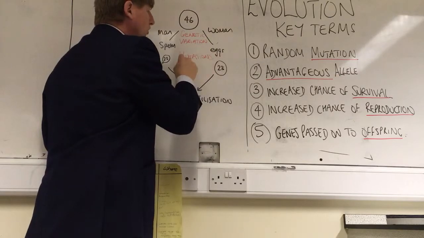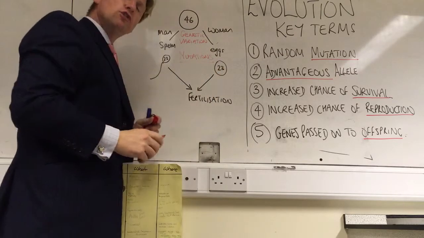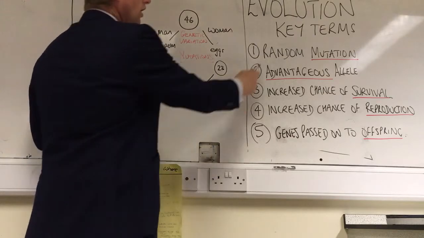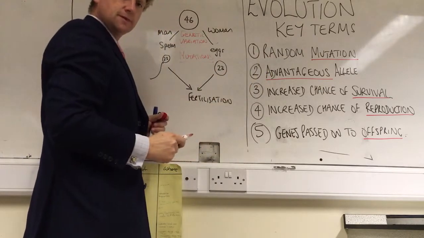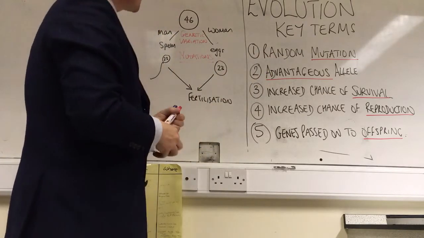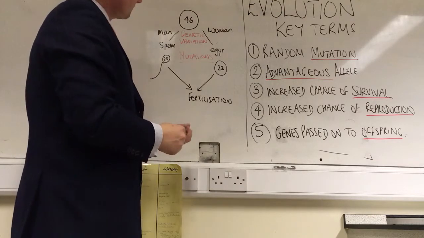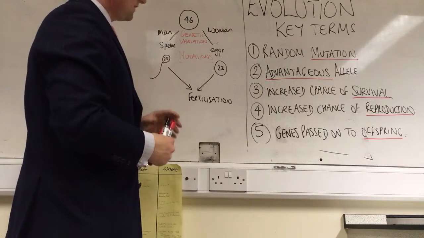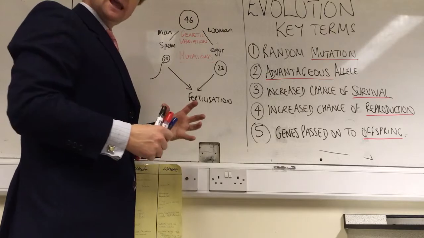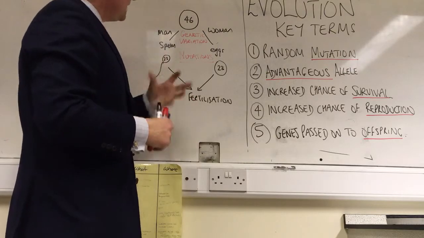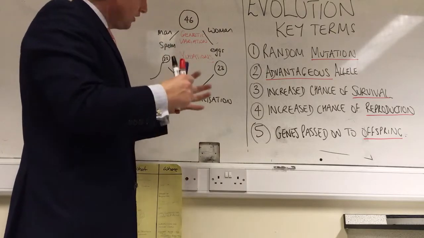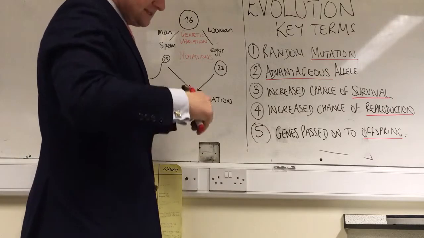But they're not controlled, and they are not designed. They are random. And you can understand this by understanding that when you are creating sperm and eggs, you are copying and dealing with billions and billions of molecules of the way that the DNA is made up.